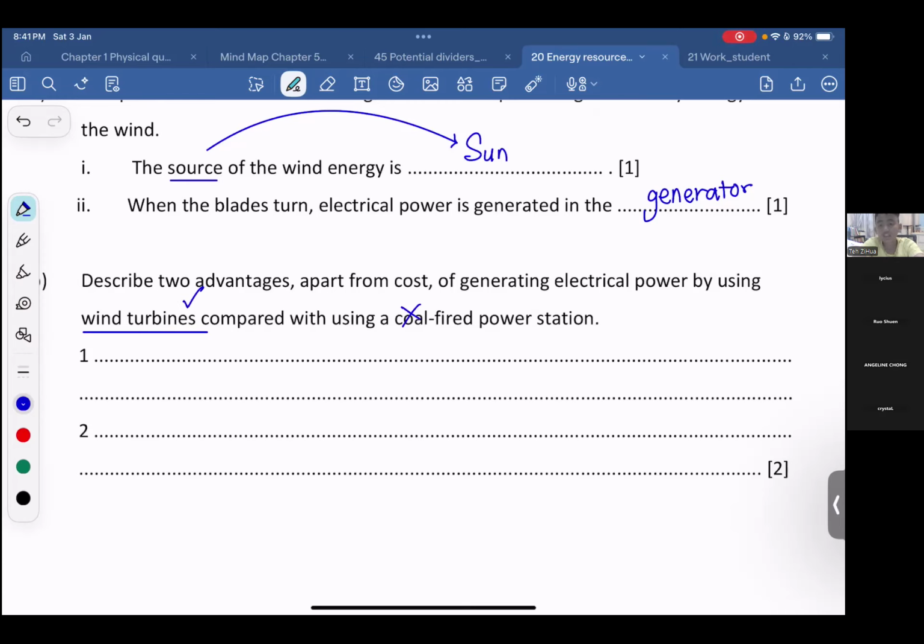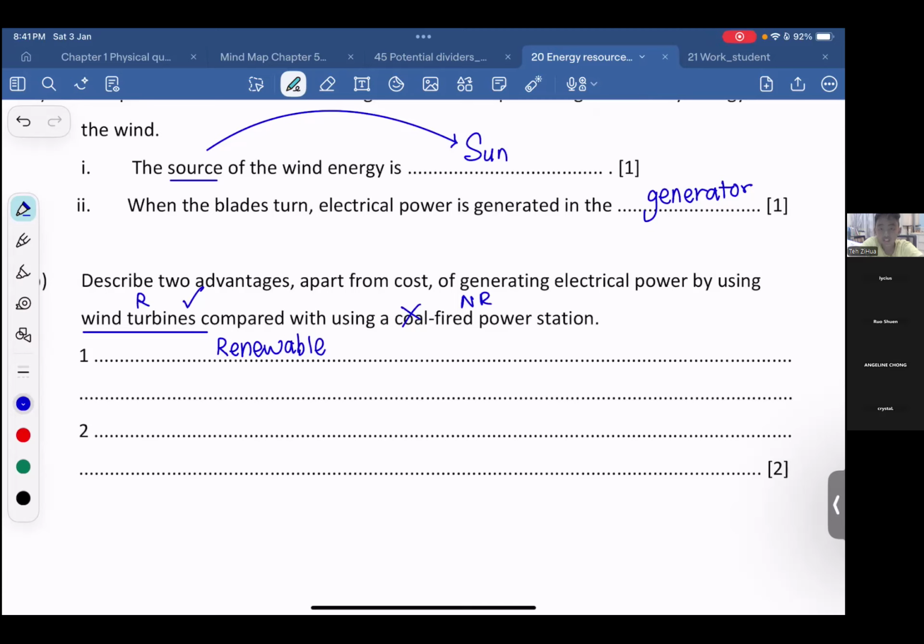Zihua's first point is that it is renewable. Yes, renewable. Wind actually is renewable, so coal is non-renewable. Wind is renewable. So this is the advantage. After we use it, we can replace it and continue using. What else? One more point.